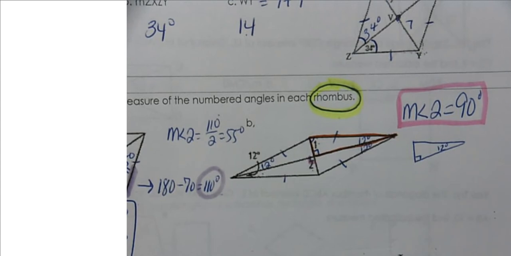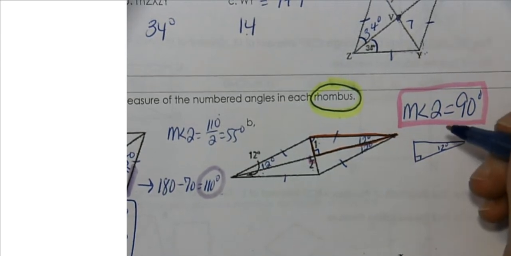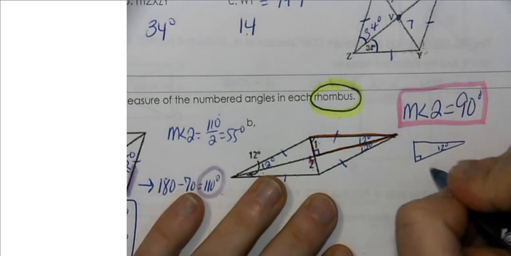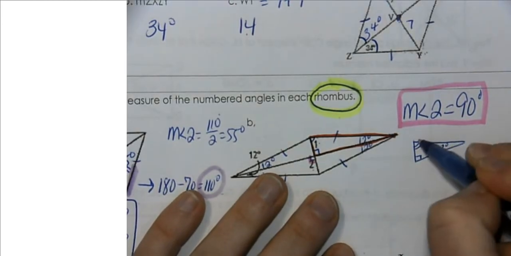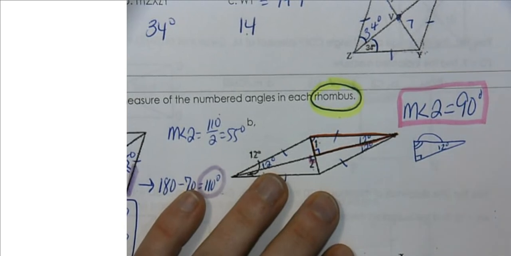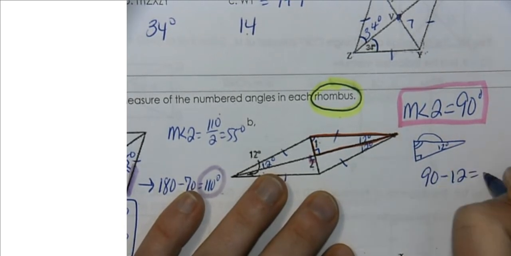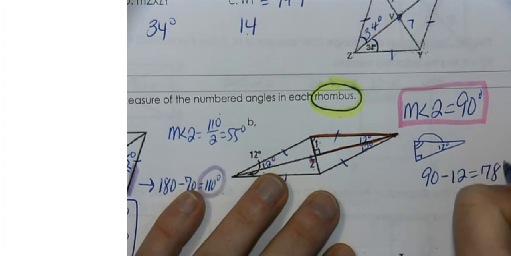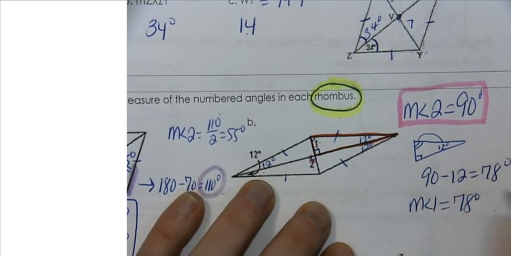Or I can also use the corollary to the triangle sum theorem that says that this angle 1 has to be complementary with the other acute angle. So I can actually go 90 minus 12, which is going to be equal to 78 degrees. So the measure of angle 1 is equal to 78 degrees.